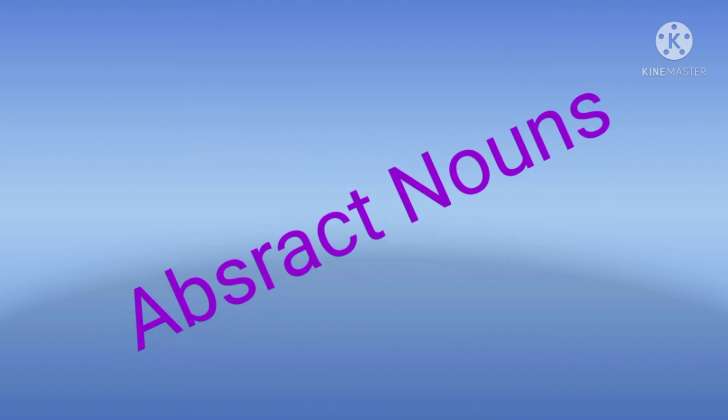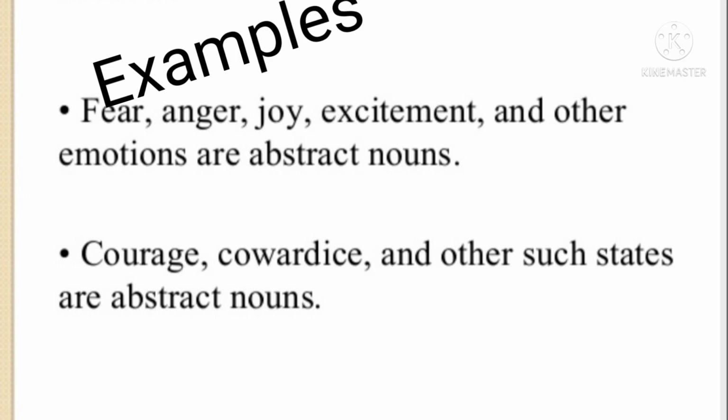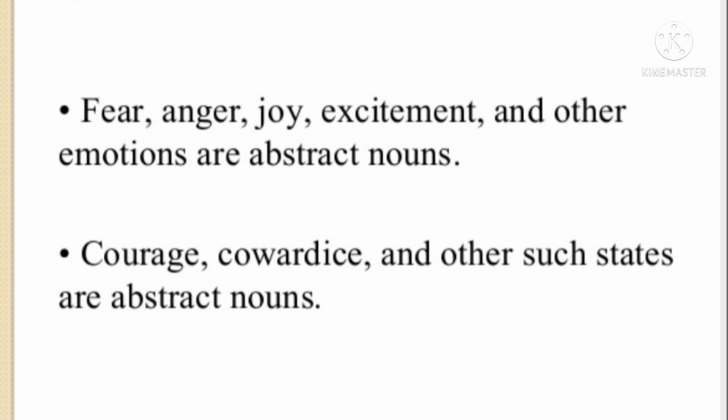The next sort of nouns are called abstract nouns. Abstract nouns are those nouns which we cannot see, taste, or smell with the five senses. But we can feel them. They are called abstract nouns. Examples are fear, anger, joy, excitement, also courage, cowardice.